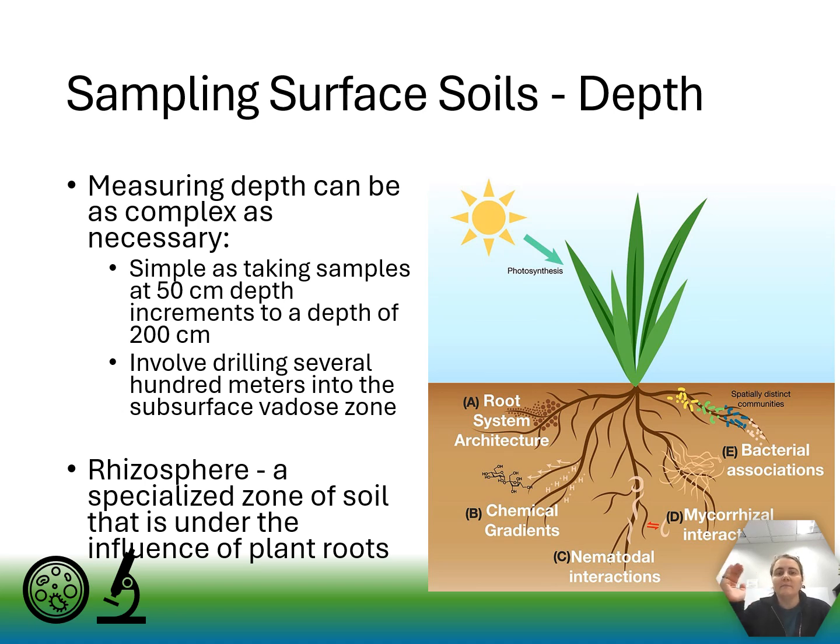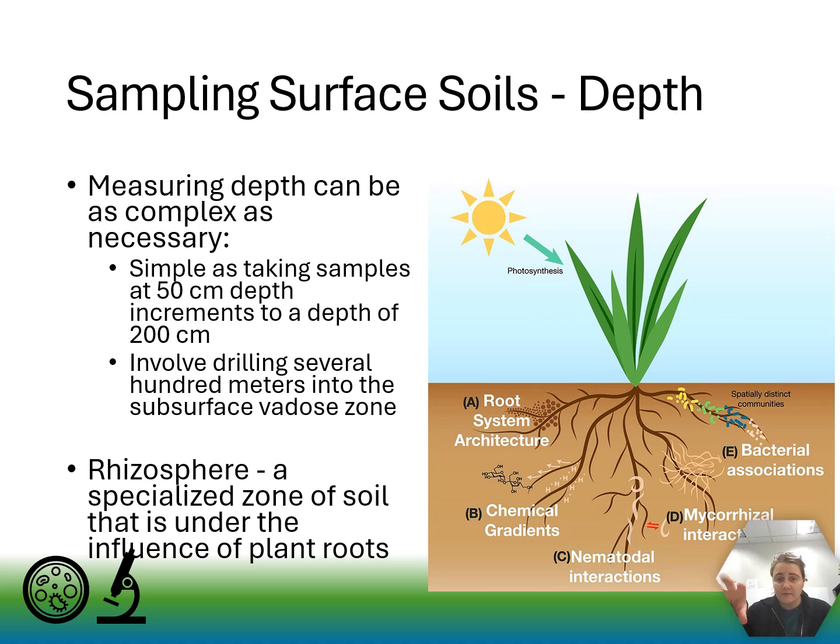And the other thing that makes it difficult when we do soil sampling for surface soils is that we have plants and we have life in surface soils. And so one thing that's a little bit difficult is that we often end up sampling or interacting with the rhizosphere. So the rhizosphere is that specialized zone of soil that's under the influence of plant roots. Many times there's symbiotic relationships between microorganisms and the plant roots. So there's normally a lot going on.